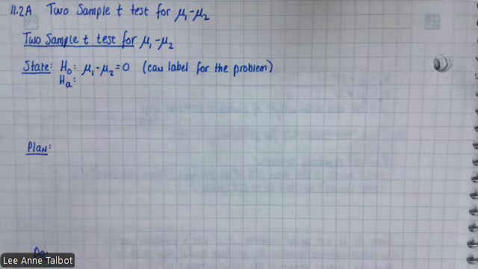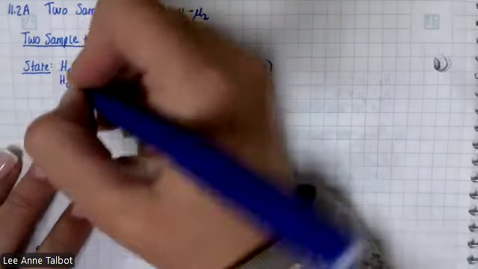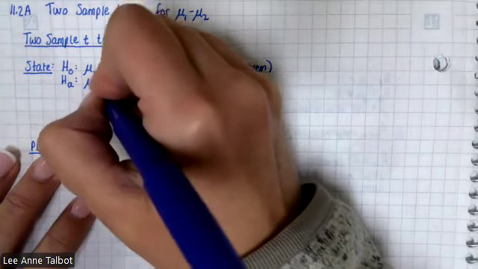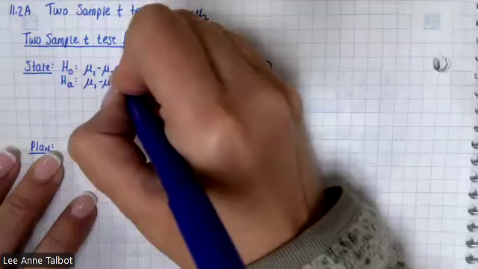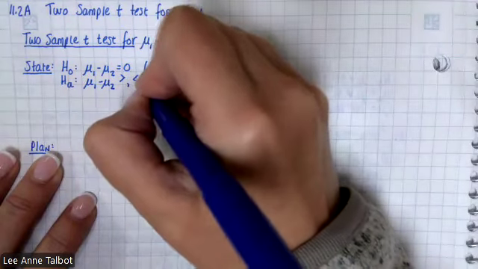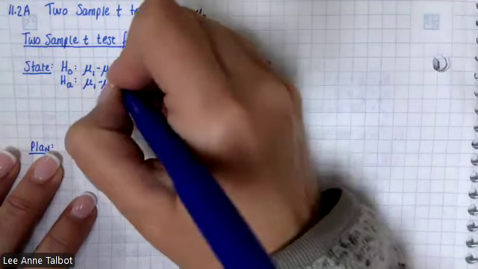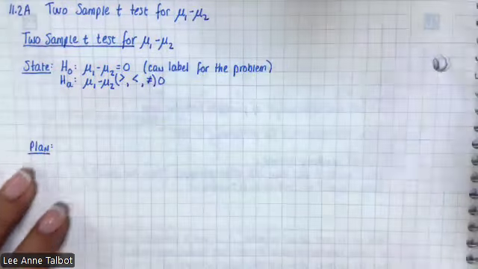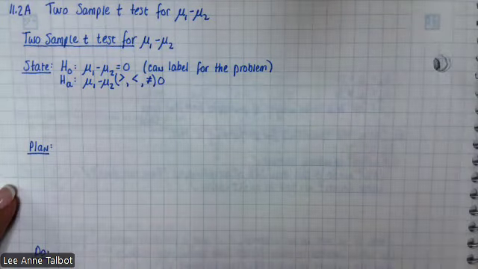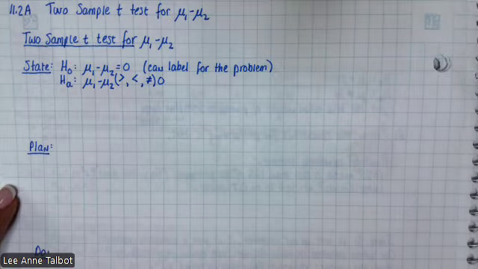It doesn't matter. It's just whatever label works for the problem. For the Ha, you have three options: greater than, less than, or not equal to.